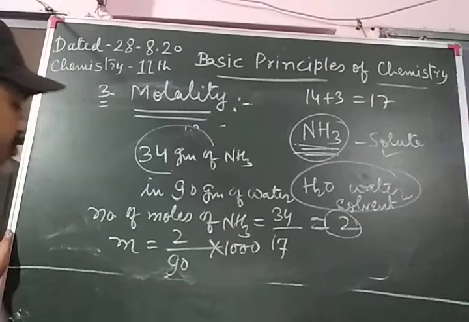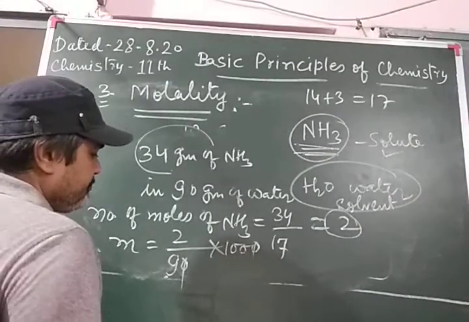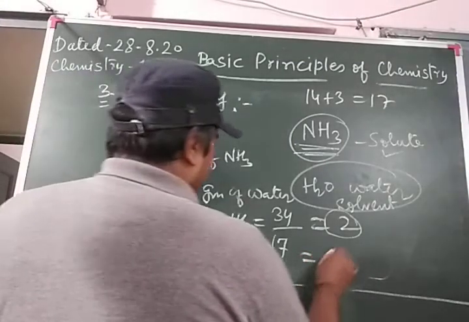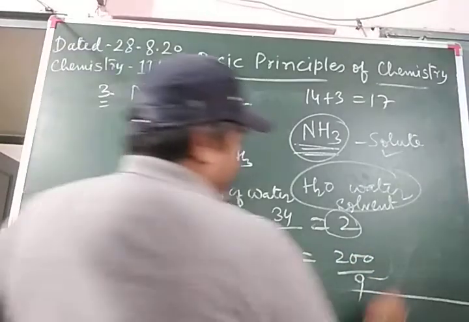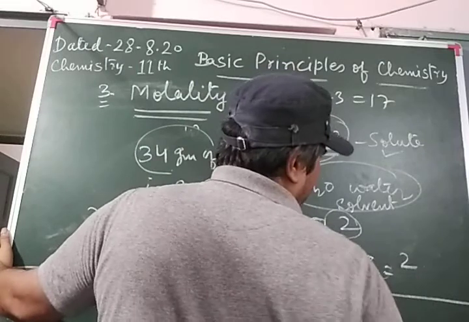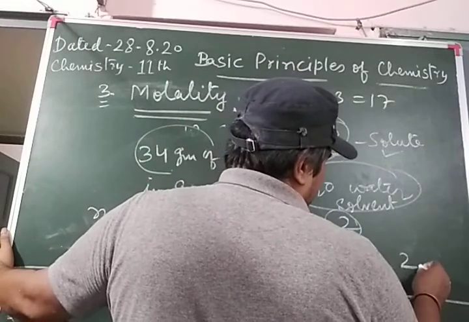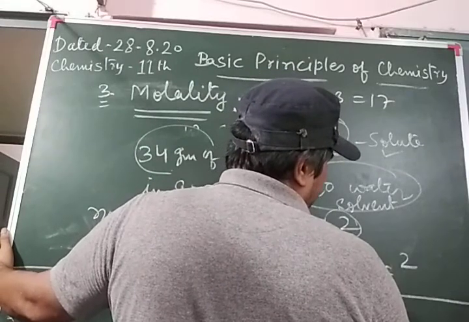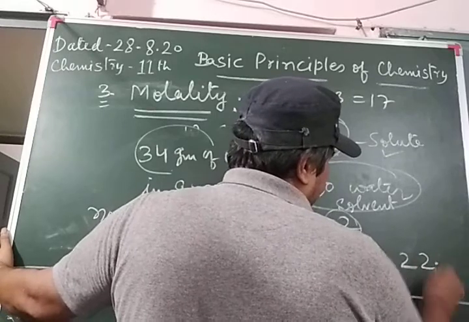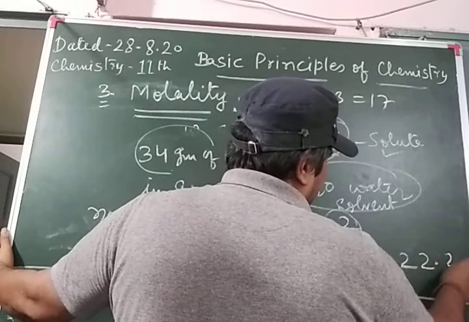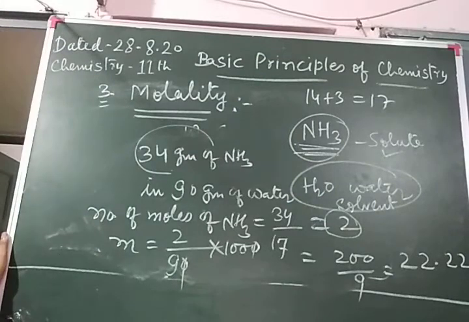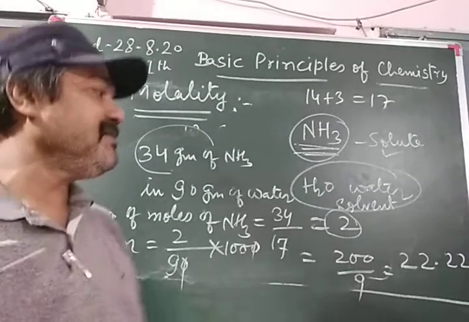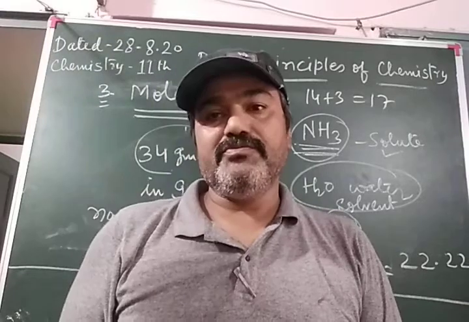Okay. So on cancellation, this will be 200 upon 9. Okay. 9 to the 18. 2 will leave, and 9 to the 9. Okay. So the molality is 22.22.